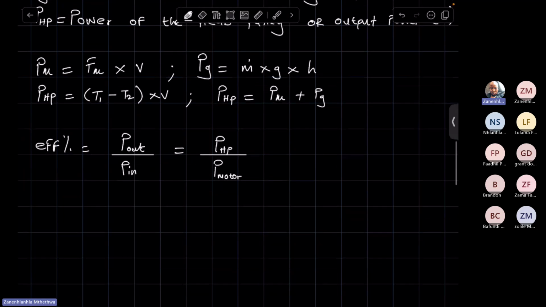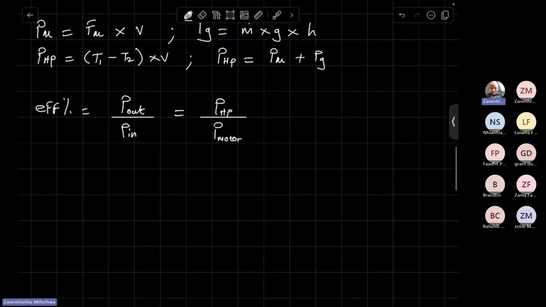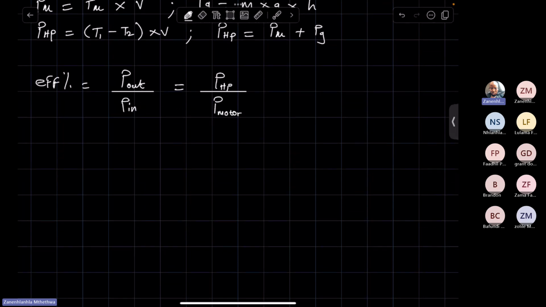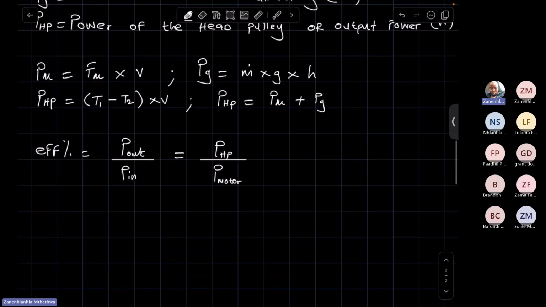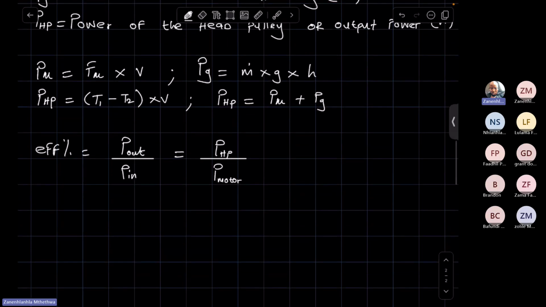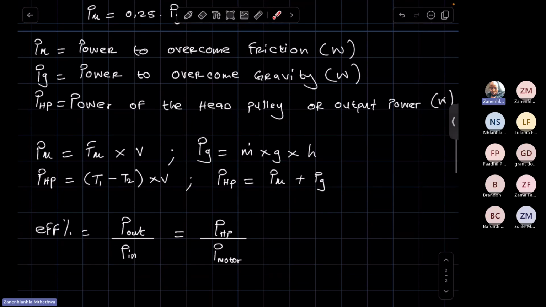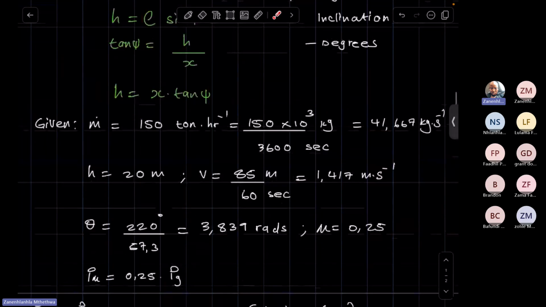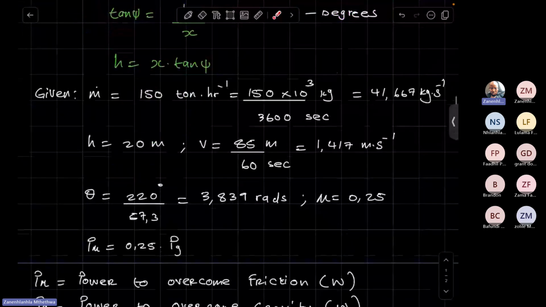So first, let's calculate the power to overcome friction and the power to overcome gravity. Based on what we've been given, we'll be able to calculate the power to overcome gravity.